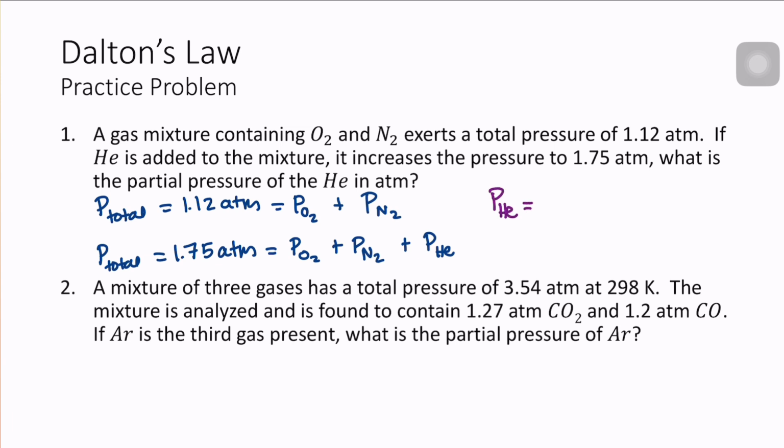So the pressure of helium is equal to my P total minus the pressure of my oxygen plus the pressure of my nitrogen.